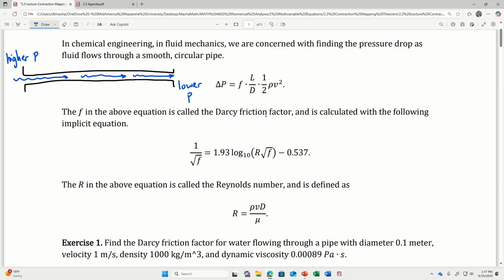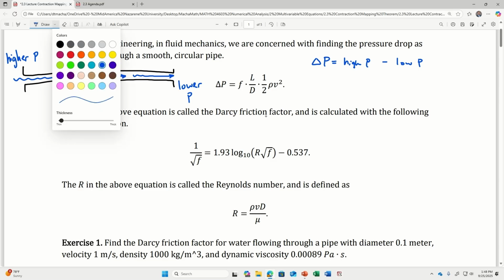One of the things that chemical engineers are interested in is the pressure drop. If I take the higher pressure minus the lower pressure, I get a pressure difference, and we call that pressure drop, and we use a capital Greek delta for the difference in pressure.